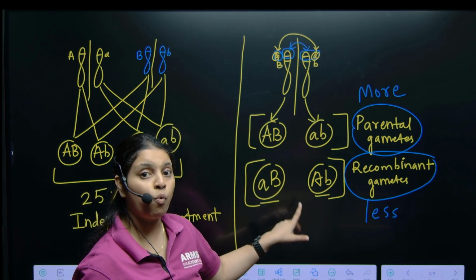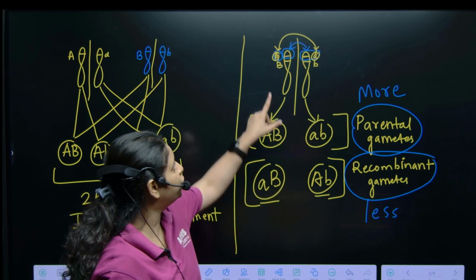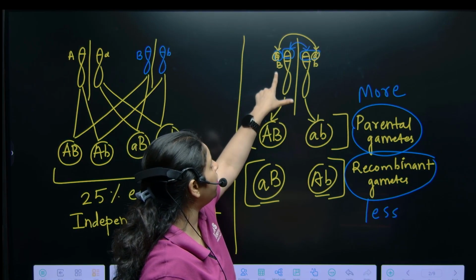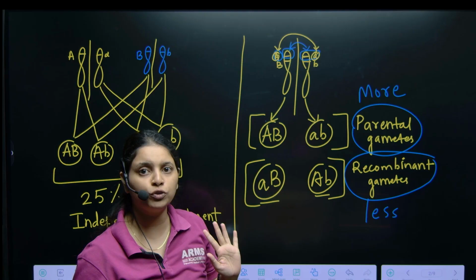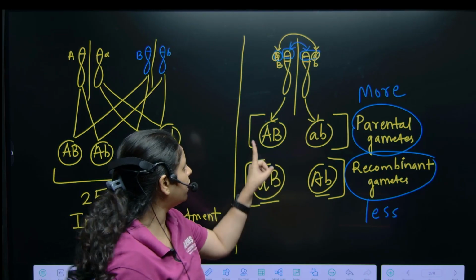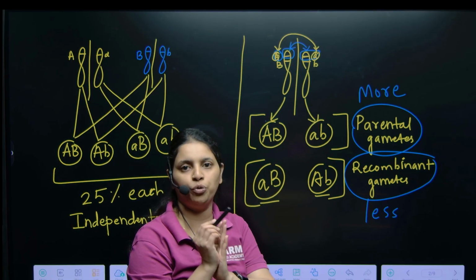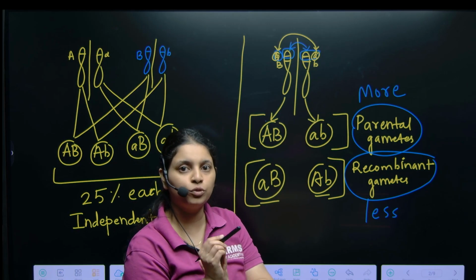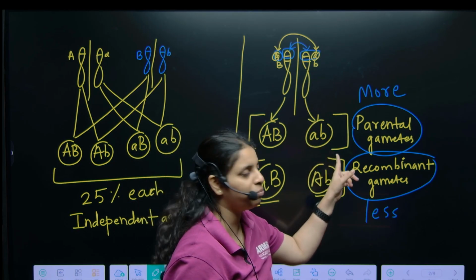In this case, what we have noticed is that the genes present on same chromosome, like if you take the first chromosome, the gene capital A and capital B were present on same chromosome. So there was a tendency that this capital A and capital B will stay together, right? Also, small a, small b are together. So there is a tendency that small a, small b will remain together.